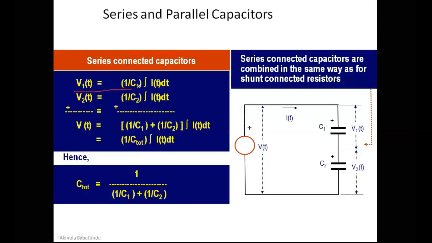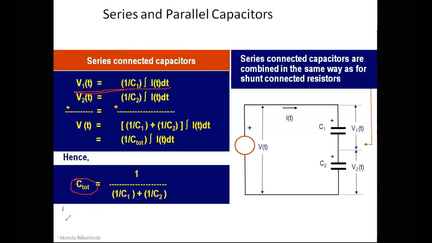Our voltage is always 1 over C times the integral of current dt. So if you have two voltages and you add them together, this is what you are going to obtain, and so on. So 1 over C total will be equal to 1 over C1 plus 1 over C2.